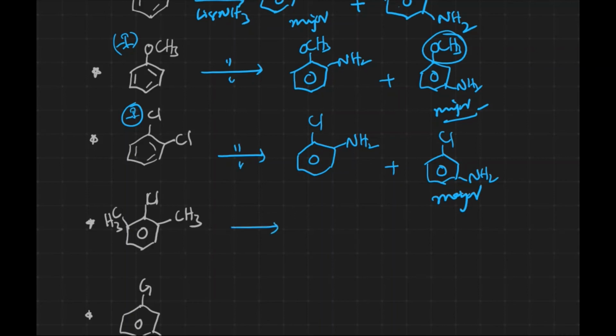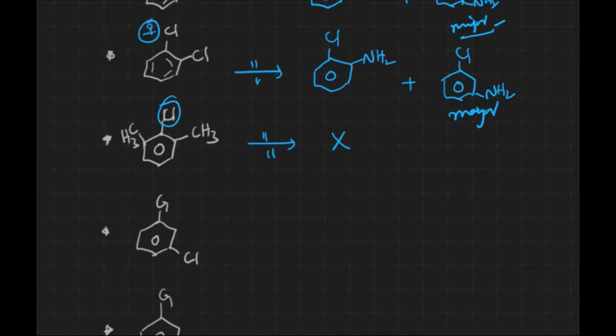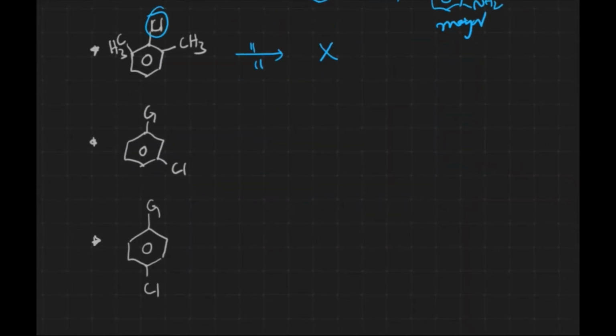Here we have chlorine, but we don't have adjacent hydrogens for the removal, right? That's why we can't expect this kind of reaction. This is nothing but elimination followed by addition reaction, right? Here we'll get two kinds of benzyne. By the elimination of these two, one benzyne. By the elimination of these two also, we'll get another benzyne. That's why we'll get three kinds of products.